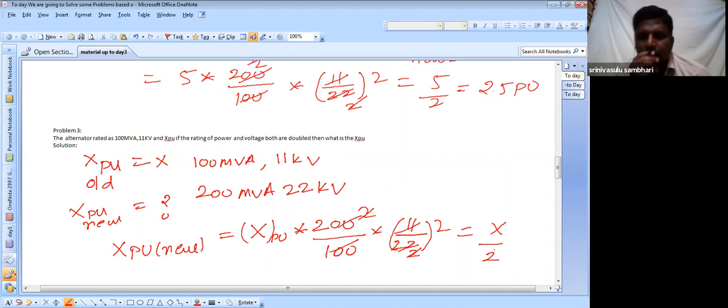One more question. Nothing, a simple formula, you have to substitute. In the above problem, I had taken previous X equal to 5 per unit. That becomes 2.5, that is half. Whenever power and voltage are both doubled, the per unit reactance becomes half.